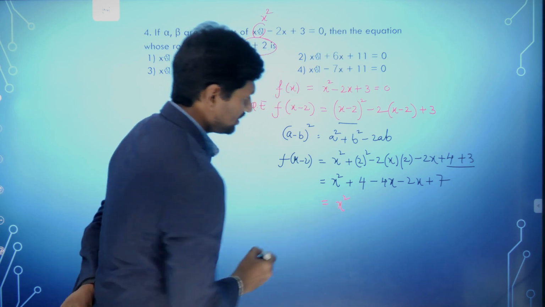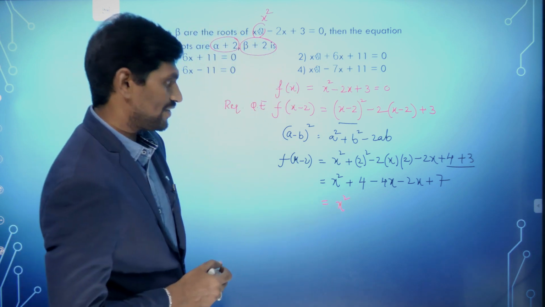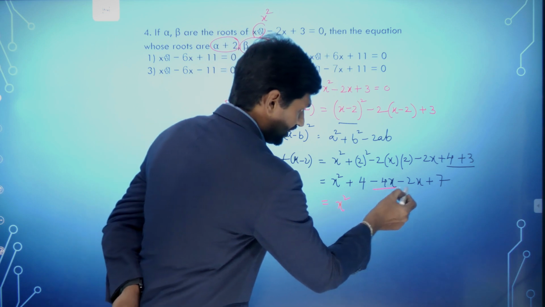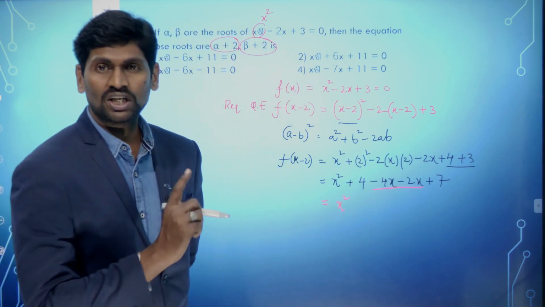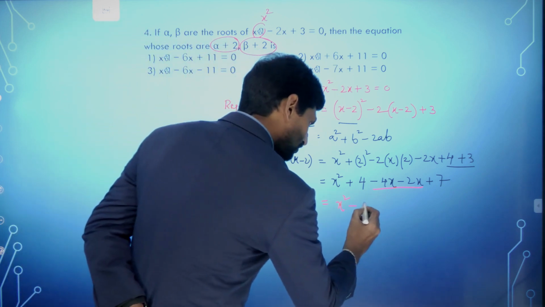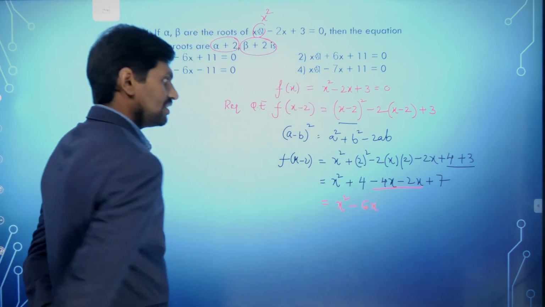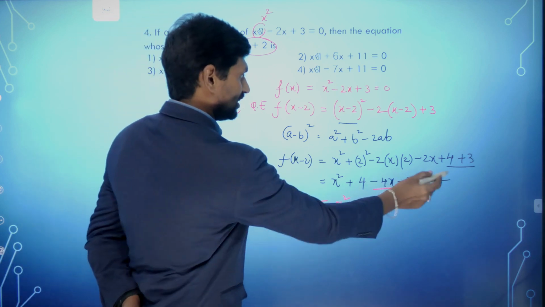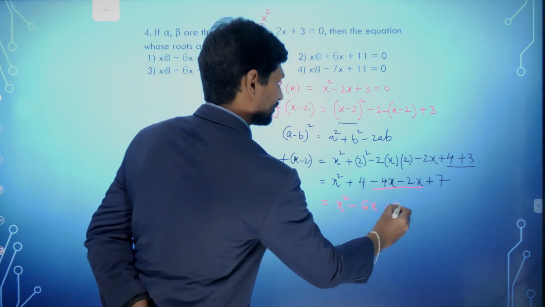The x square term is a single term, so I can write it directly as it is. Now x terms, minus 4x minus 2x, both are negatives, we can add with negative symbol. So minus 4x minus 2x is minus 6x. Now remaining numbers 4 and 7, 4 plus 7 is 11.